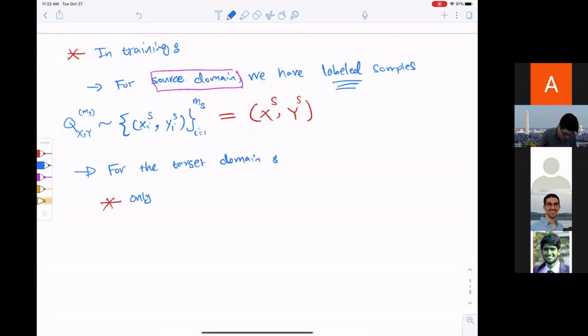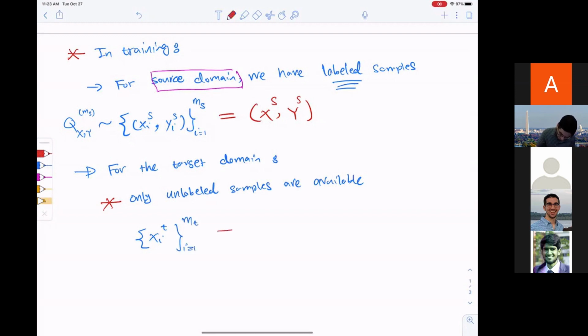Only unlabeled samples are available. Let's represent them by x_i^t, for the target domain. Let's say I have m_t samples.